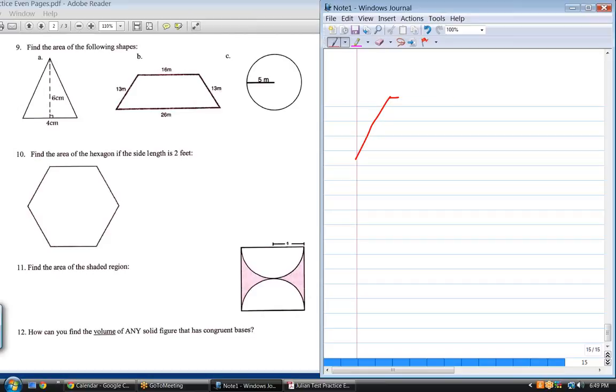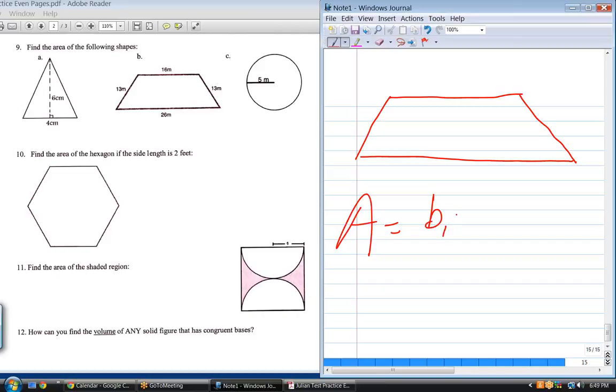We're finding the area of a trapezoid. What's the general formula for the area of a trapezoid? A plus B divided by 2 times the height. Well, it's not A plus B. It's base 1 plus base 2 divided by 2.